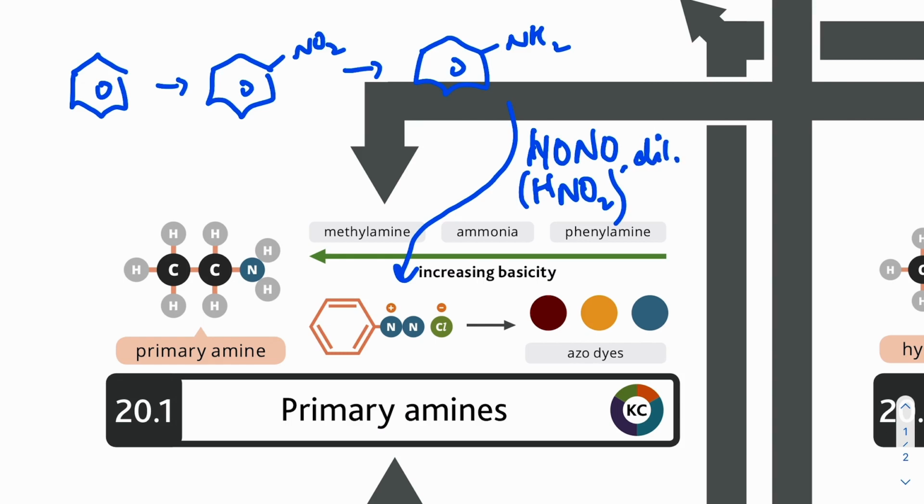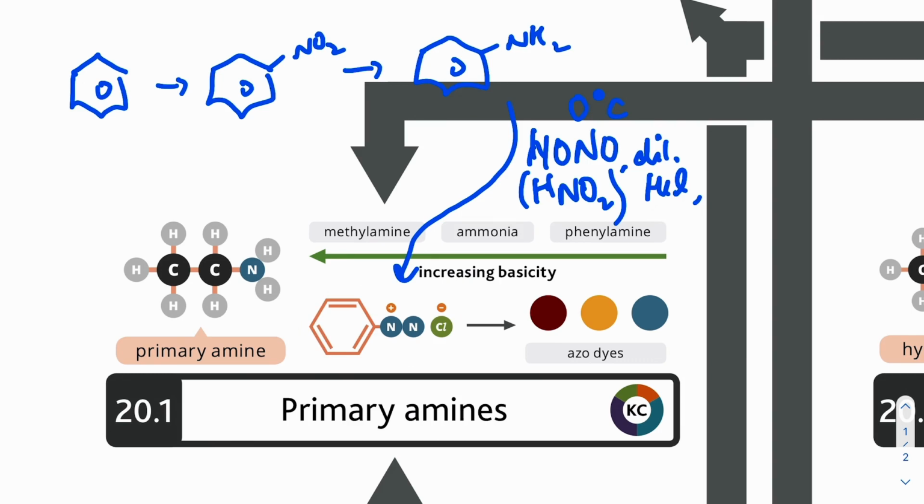You need dilute HCl, and you need to keep that cold, because if it is not cold, this N2 really likes to escape as a gas, and you will lose the N2 as a result. So you need to keep it cold at 0 to 5 degrees. Because you use HCl, that's why you get a counter anion there. If you use H2SO4, you will get SO4 2- with 2 of it, but typically we use HCl.